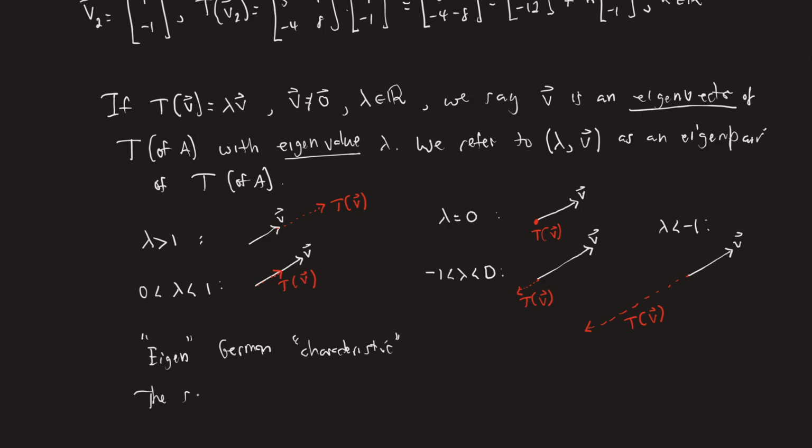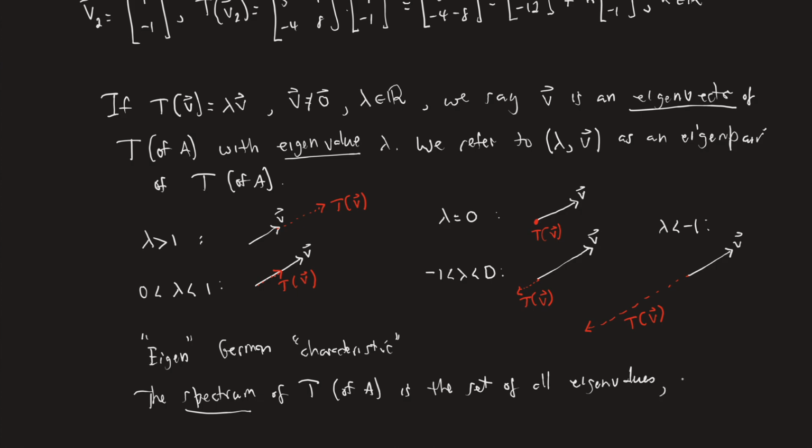And then the spectrum. The spectrum of our transformation or operator, so the spectrum of T and also of A, is simply the set of all eigenvalues, right? So once we figure out how to find these, if we find all of them, we call it the spectrum of our operator or of the matrix.